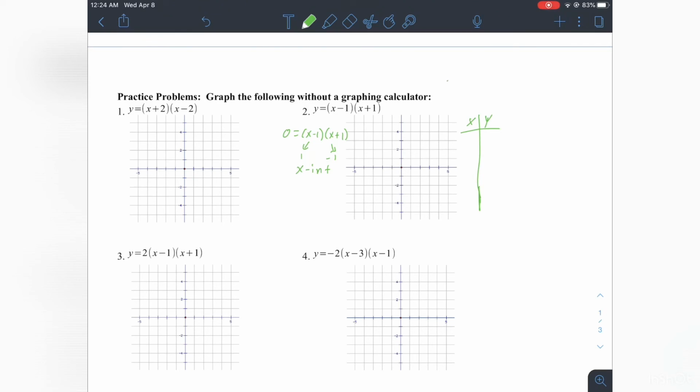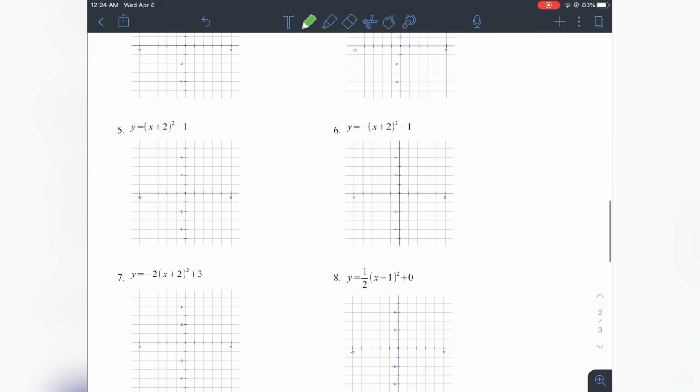So problems 1 through 4, you can find the x-intercepts. Now, the second kind, 5 through 8, these are the kind where you can get the vertex. So 5 through 8, you can find the vertex.